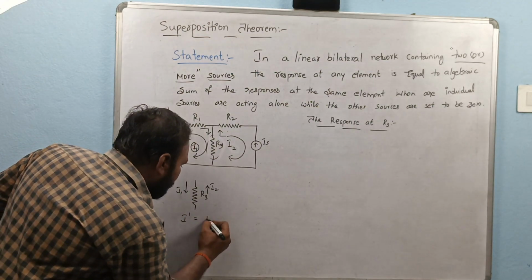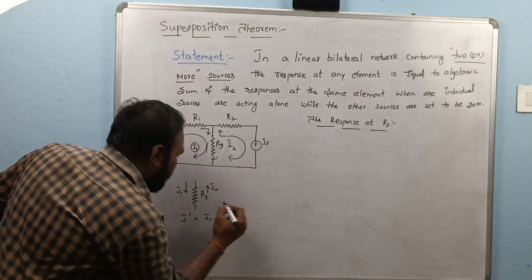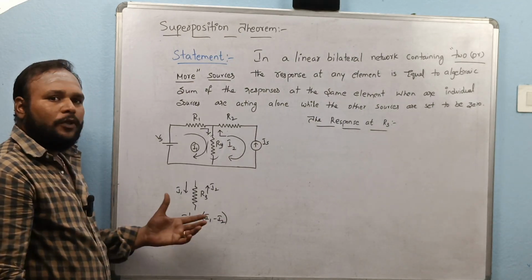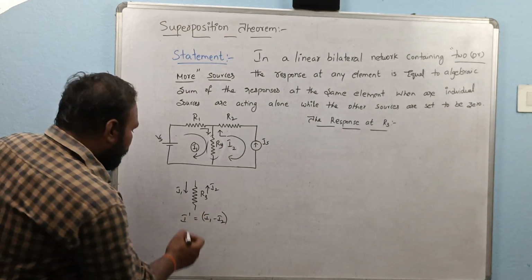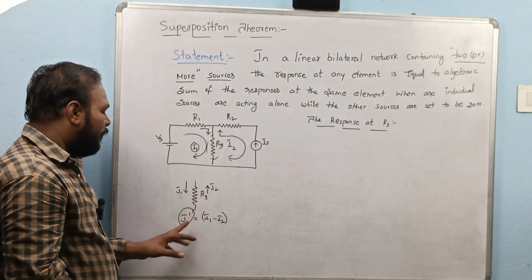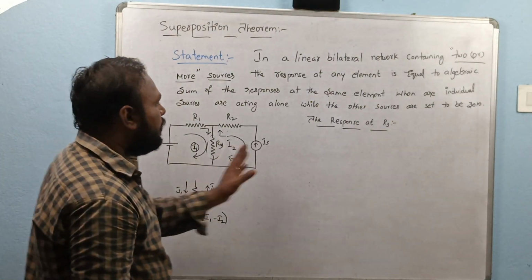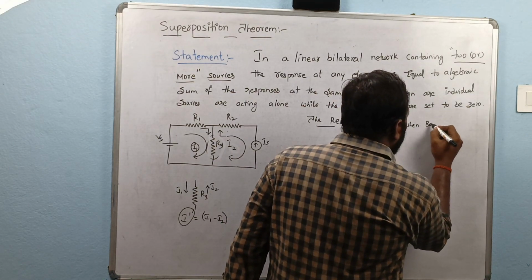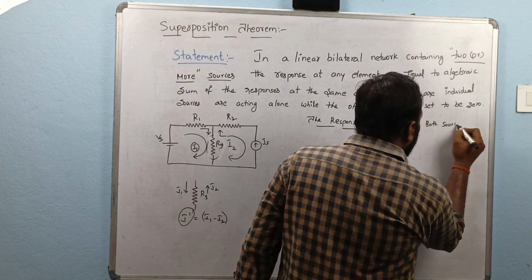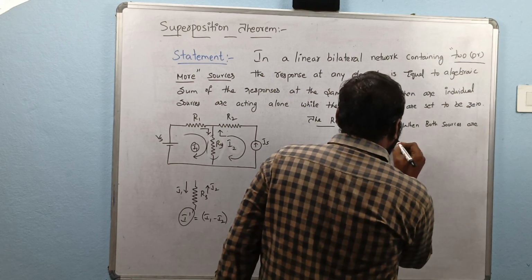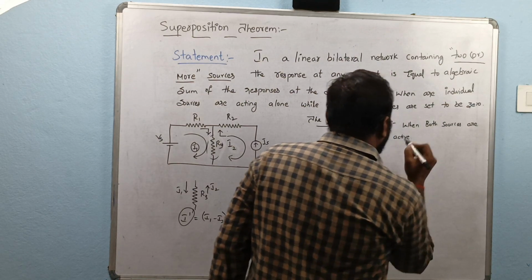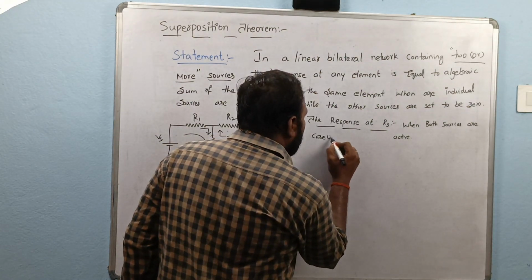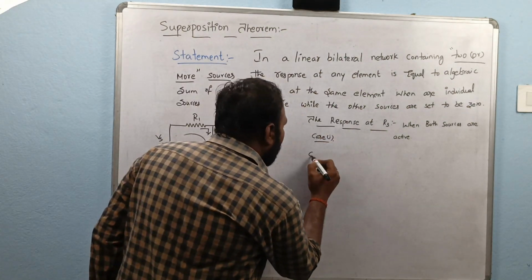I dash equals I1 minus I2. So the response at the R3 element when both sources are active, let it be considered as case 1.